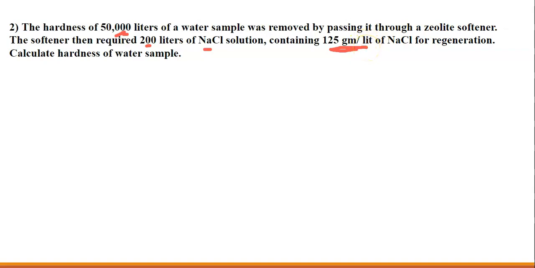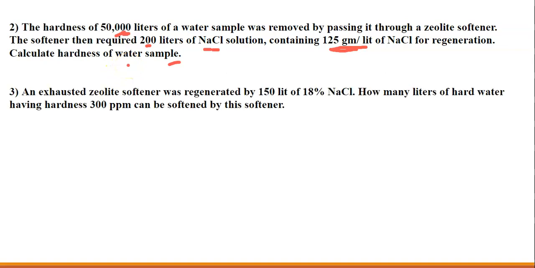Here you don't need to convert it. If it is given in percentage, then you have to convert it into gram per liter of NaCl to find the strength. And here we have to calculate the hardness. So whatever the amount of NaCl you get in step 2 in terms of equivalence of calcium carbonate, you have to divide it by the volume of water sample given, 50,000, to find the hardness.